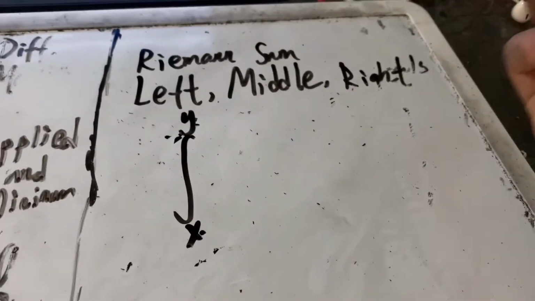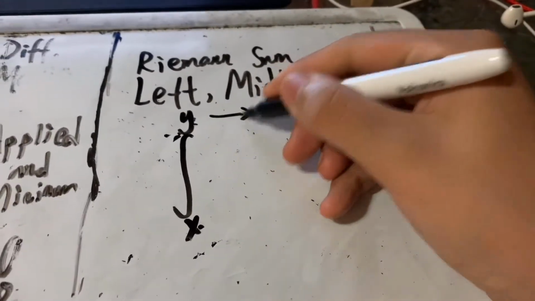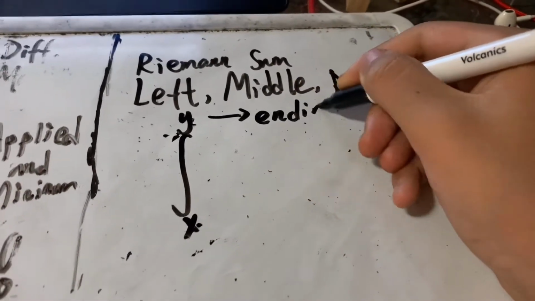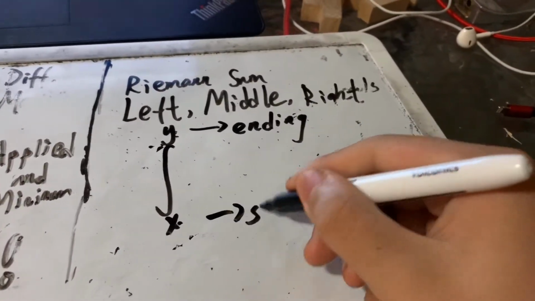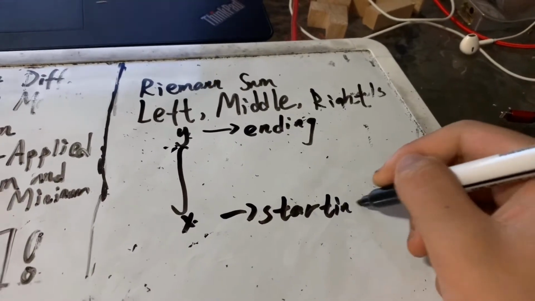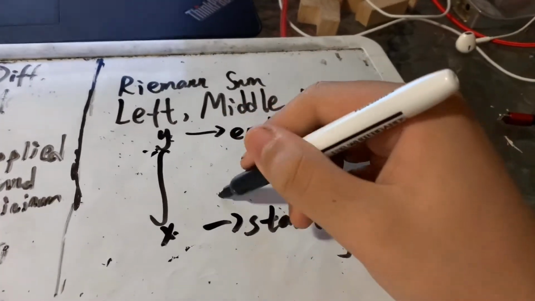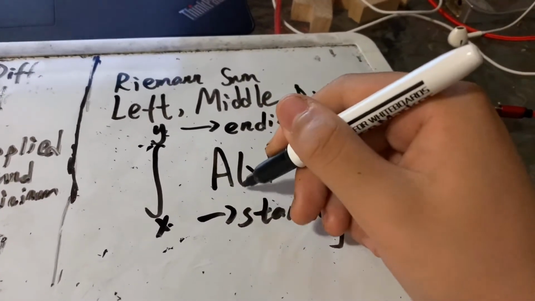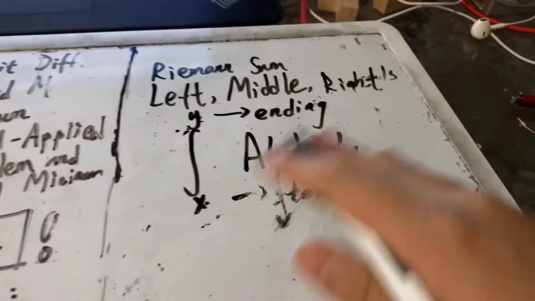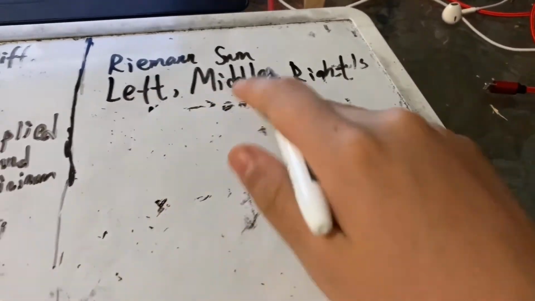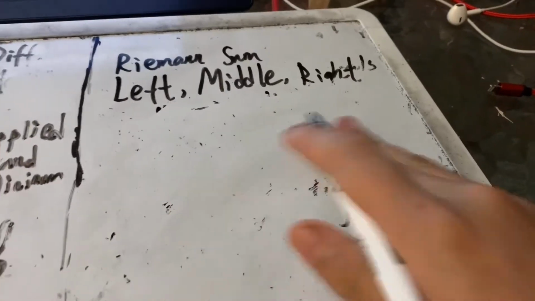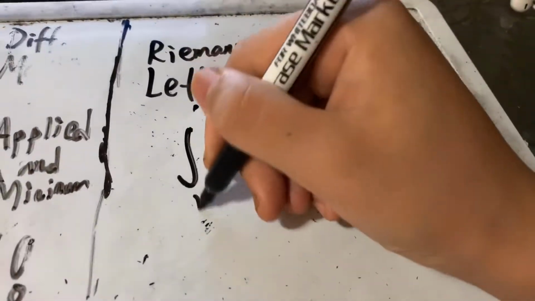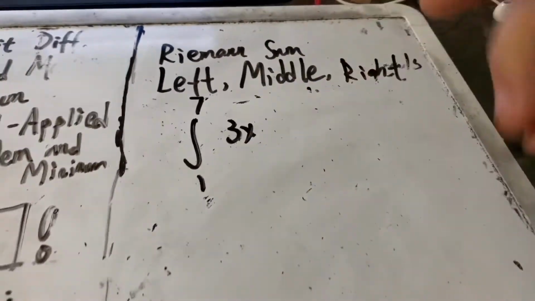Here, y is the ending point and x is the starting point, and the function is what goes through the integral process. Example here: find this by graphing.